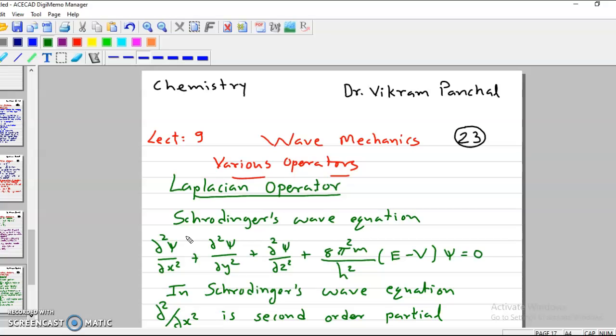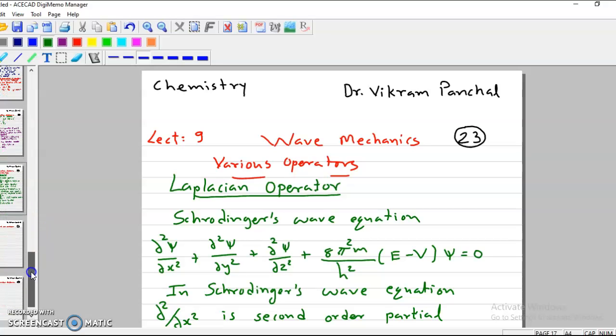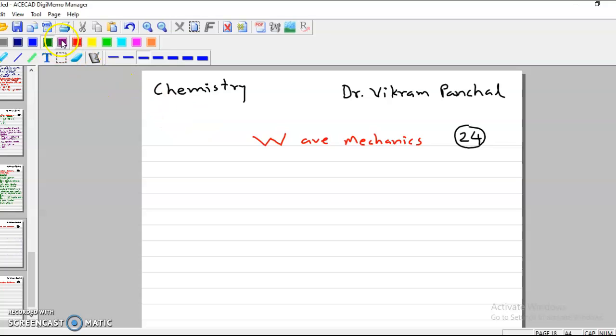Okay. Now we will see another operator, and that is Hamiltonian operator.